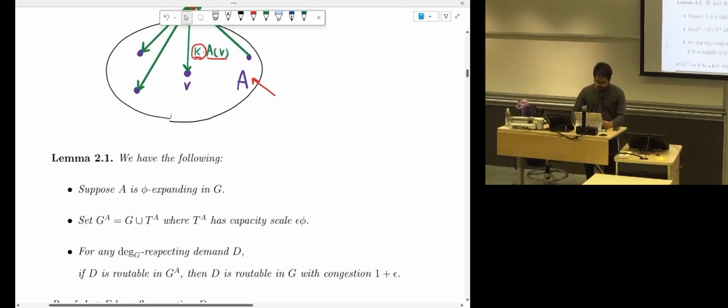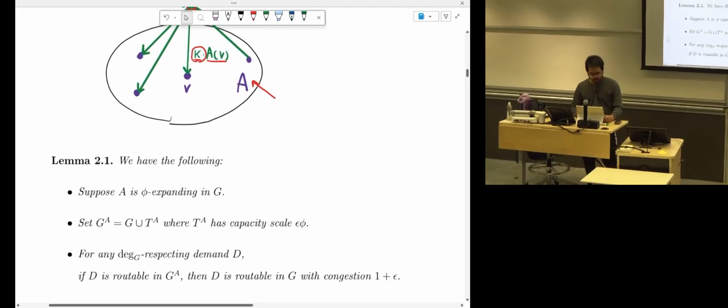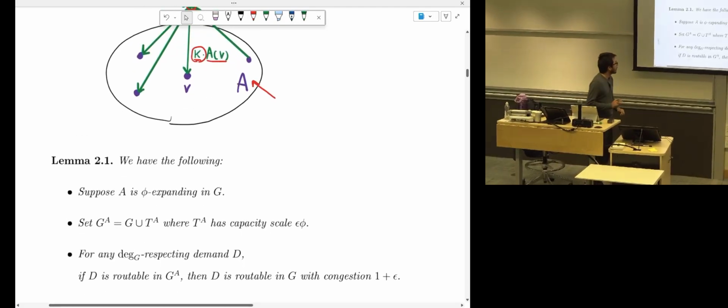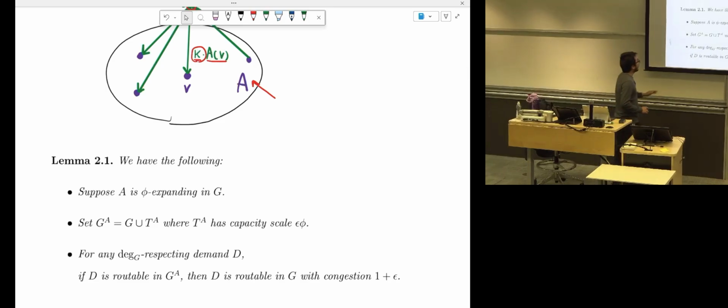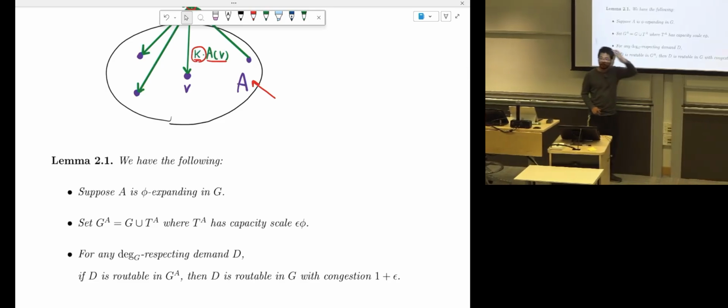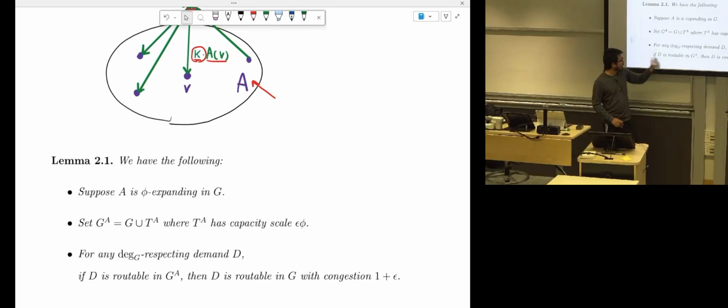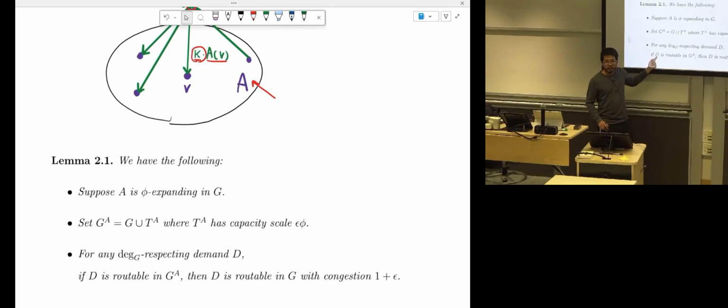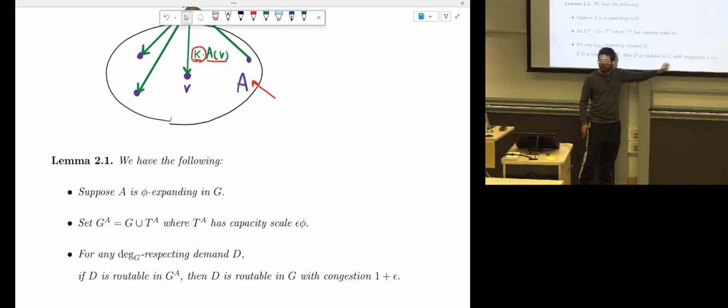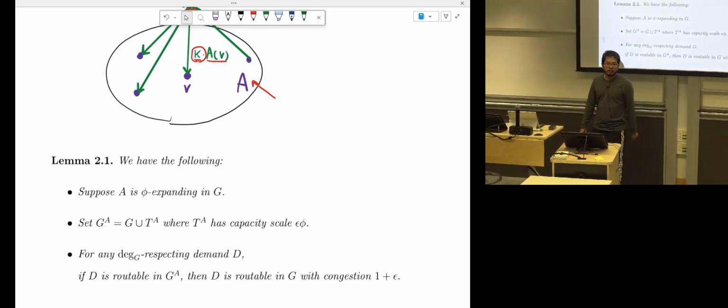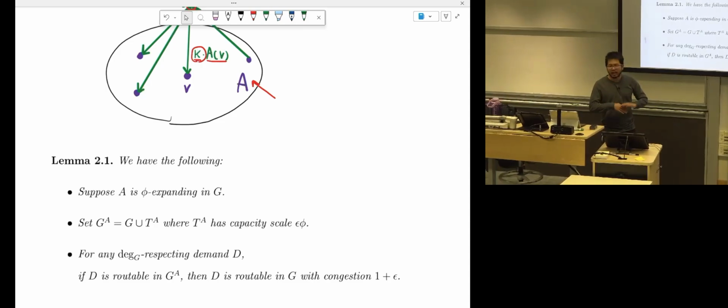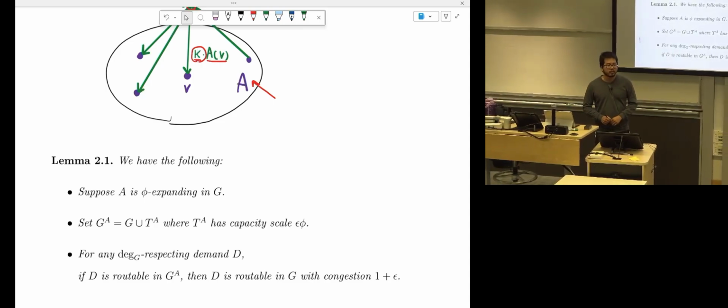The claim is that when you look at any degree respecting demand, if this demand is routable in the shortcut graph, then it's still routable in the graph with congestion that doesn't increase that much.